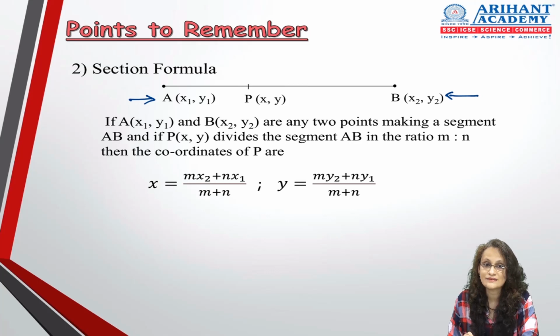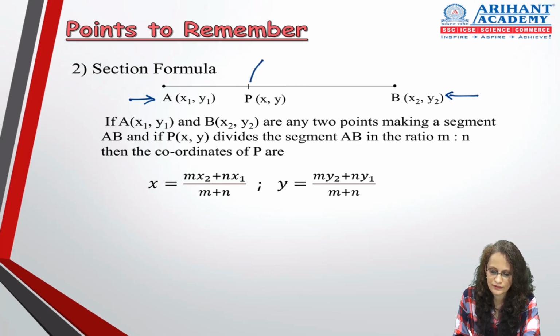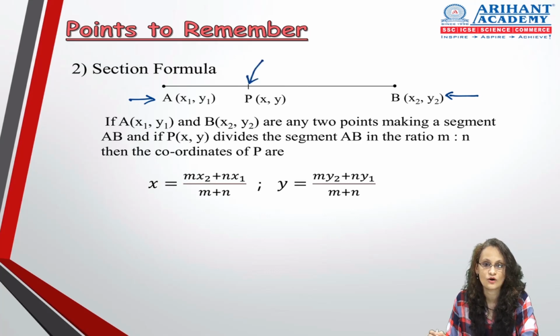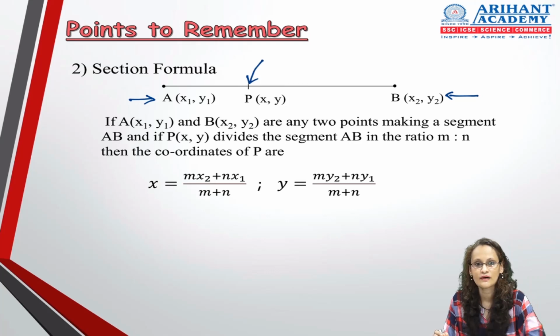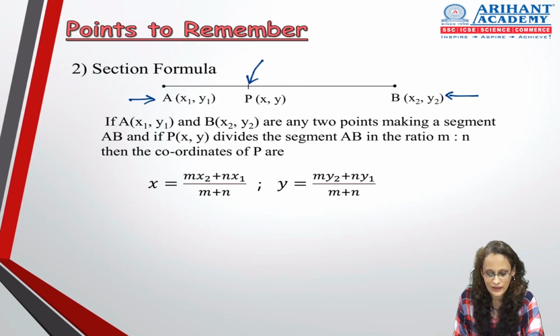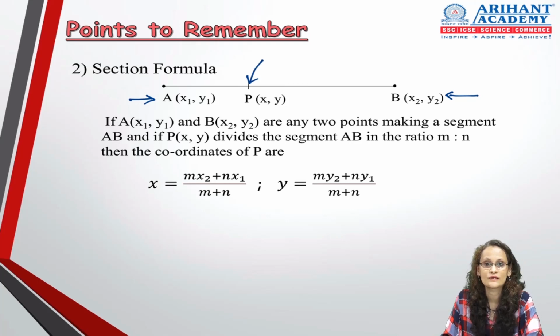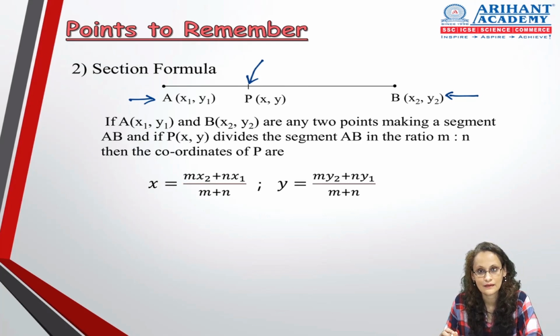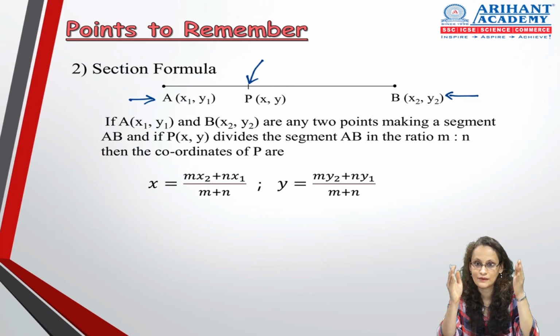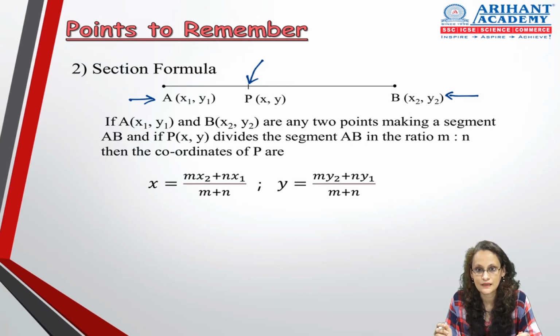Now you can see an additional point over here which is P, which is x comma y. Now what is this x comma y? If A x1 y1 and B x2 y2 are 2 points making a segment AB, and if P x comma y divides the segment AB in the ratio m is to n. Now what is this ratio m is to n?